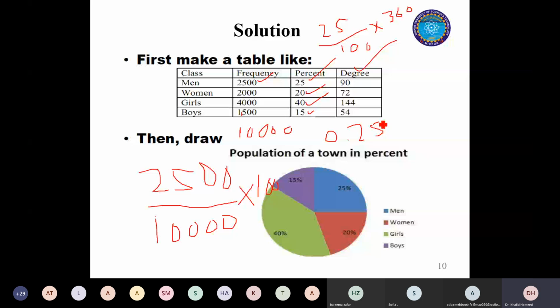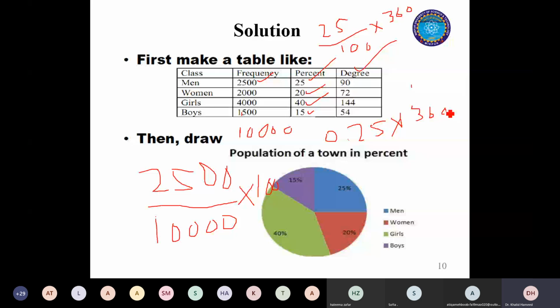Or instead of 25, if you are using 0.25, you do not need to divide it by 100. So in that case, you simply need to multiply it with 360. And what will be your value? 0.25 multiplied by 360.